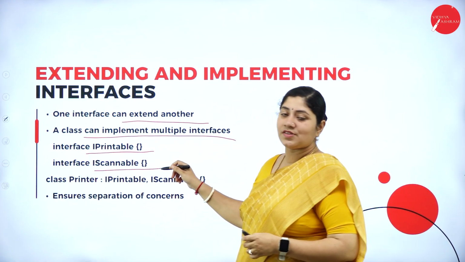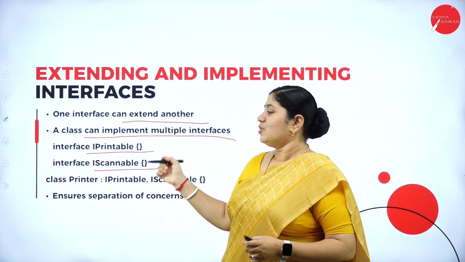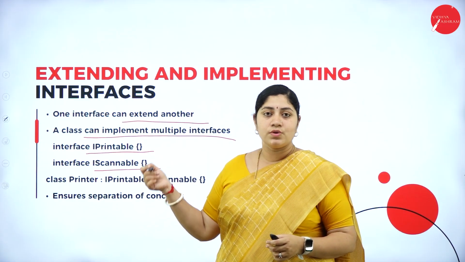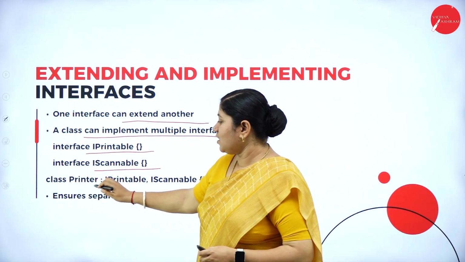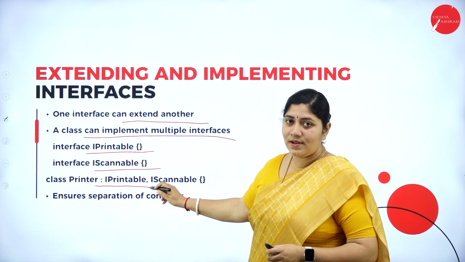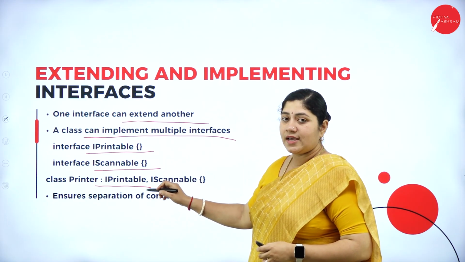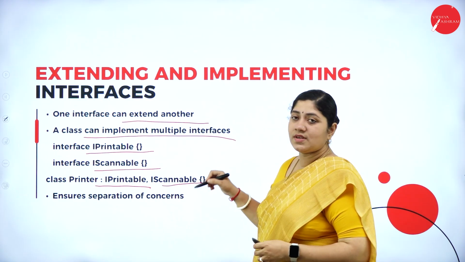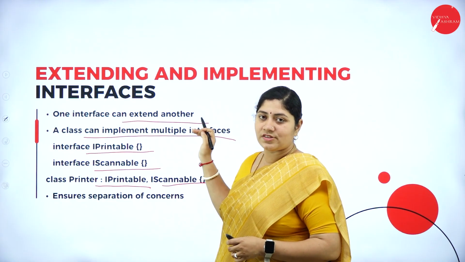Now the second interface for scanning, IScanner. In this way, we can use multiple inheritance. We can see what is there in IPrintable, and a class Printer which we are assigning. So this is extending the interfaces.